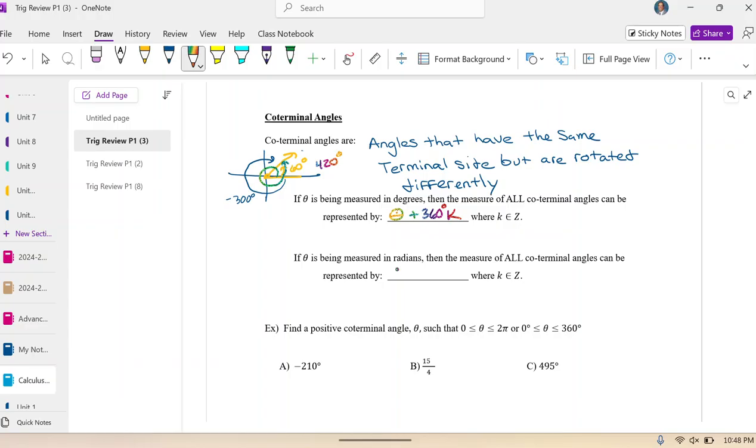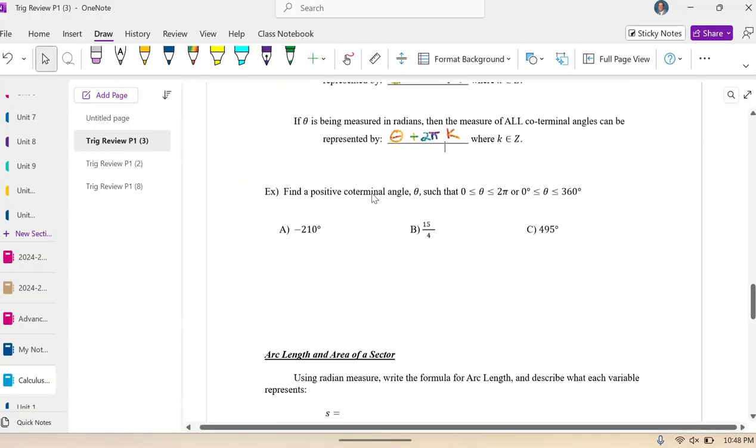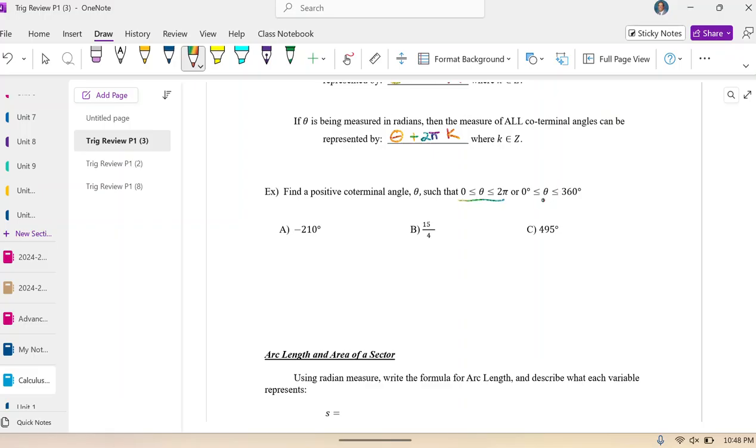If it's in radians, you either add or subtract 2 pi, because 2 pi is 360 degrees. To find a positive coterminal angle between 0 and 2 pi, or 0 and 360, if it's in degrees, you keep it in degrees. So negative 210 plus 360 is 150 degrees.